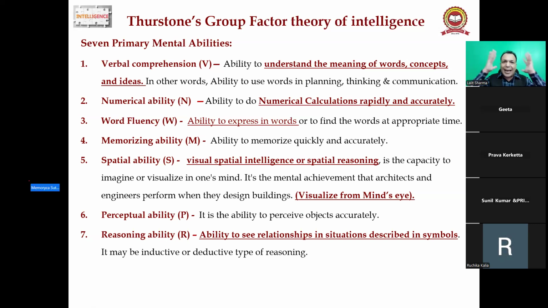When you apply this in class, some students need trial and error learning, some you have to condition, some you have to teach with Spearman's concept, and some with Thurston's group factor theory of intelligence.